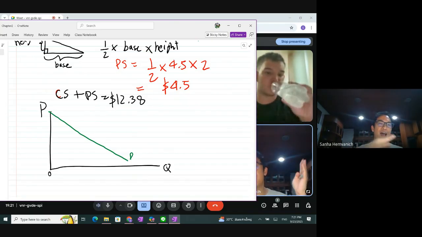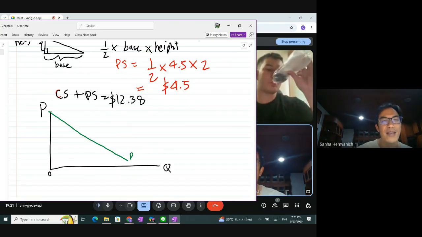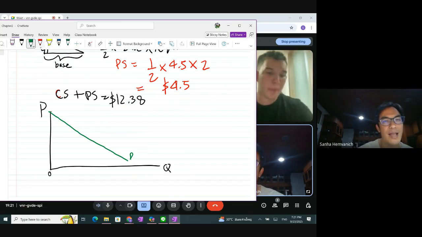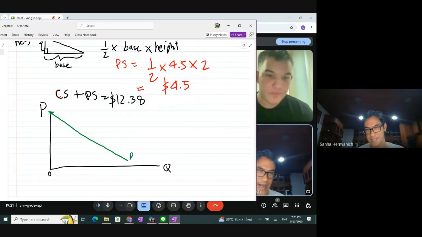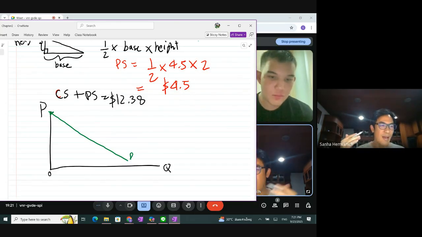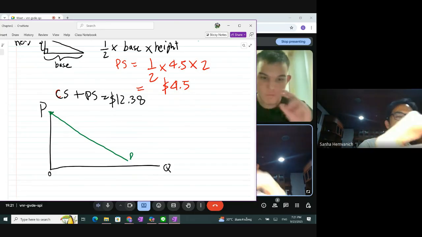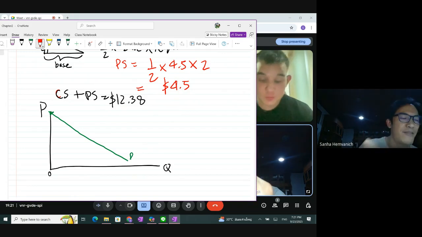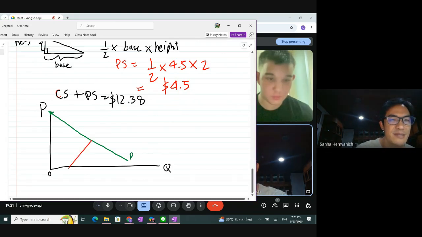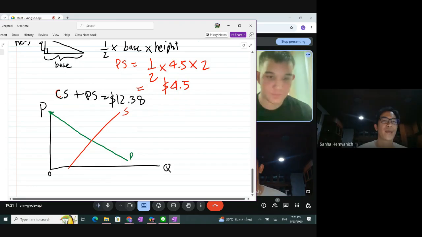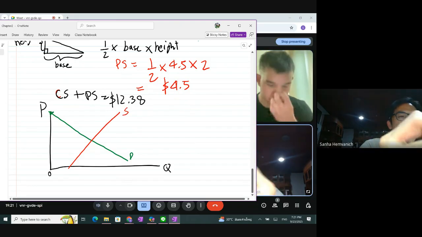Demand has an intercept here because it intersects with the y-axis. This supply does not have one. Supply actually has its intercept on the x-axis, so it's like this.